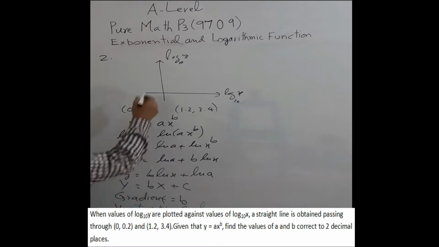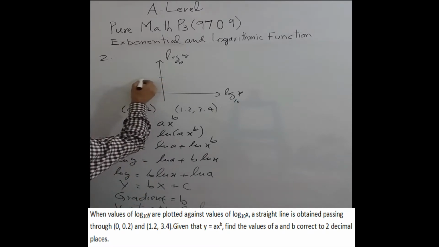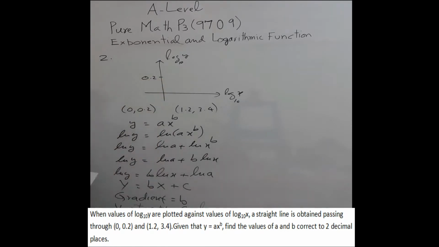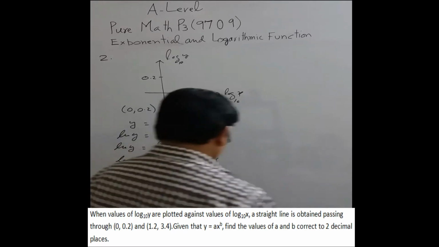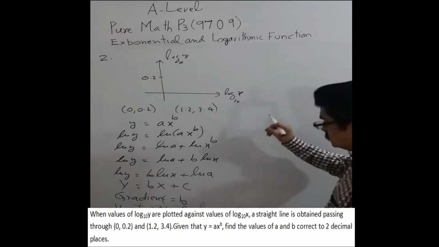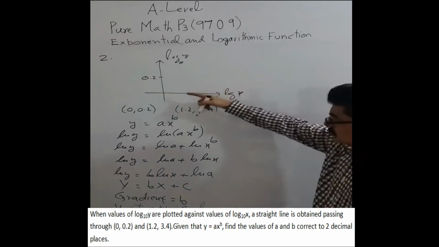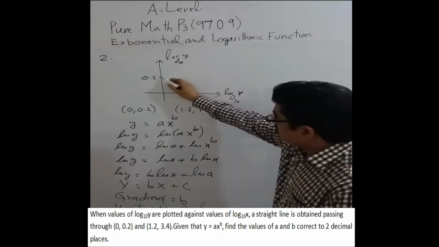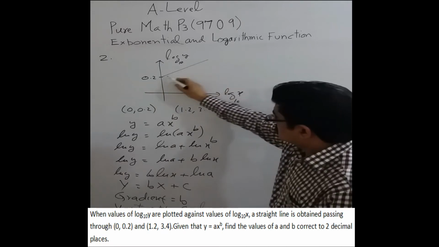Now one of the points is 0.2. So the y-intercept, you know that it means that the line will pass through this point.